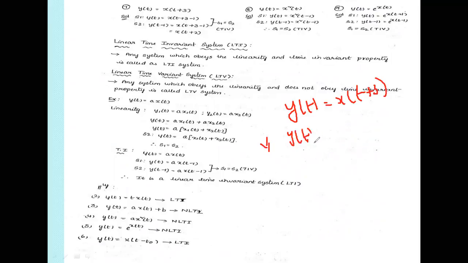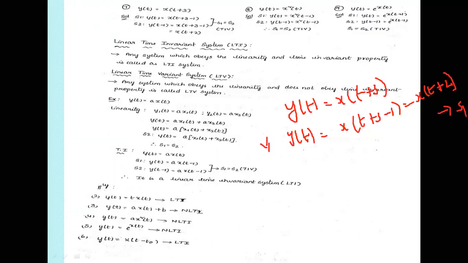Another example, and three examples are remaining here. The y of t is equal to x of t plus 3. In the first step, the input is only delayed, x of t plus 3 minus 1, nothing but x of t plus 2.